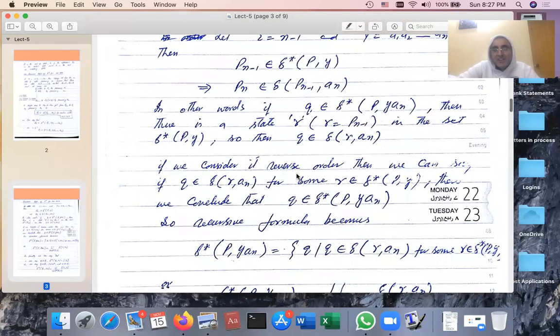If we consider it in reverse order, this is my last point in the previous discussion: Q belongs to delta of R comma An.